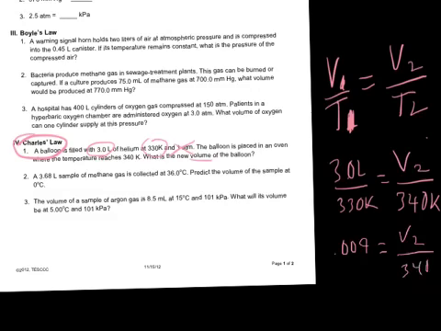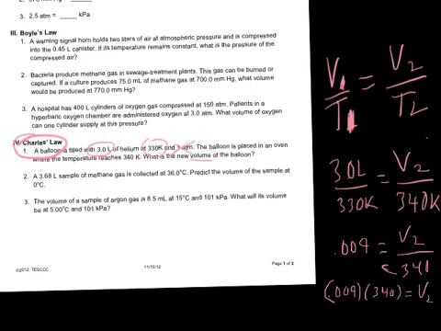That's the second volume, the final volume here. So we're going to solve for this final volume, and you're just going to use algebra. You're going to multiply this side out by 340. In other words, we're going to move 340 over here. So it's 0.009 times 340 is equal to our final volume.